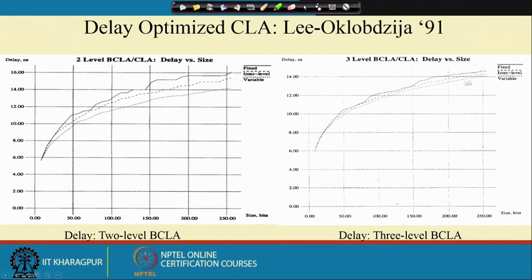And if I follow 3 level CLA design, at that time also you see this variable level CLA gives us better results in terms of critical path reduction. Okay. So, why critical path reduction?